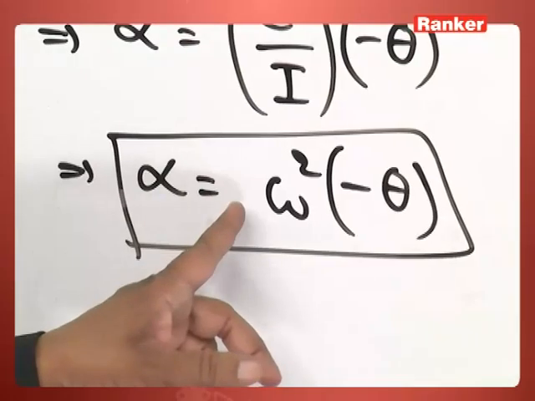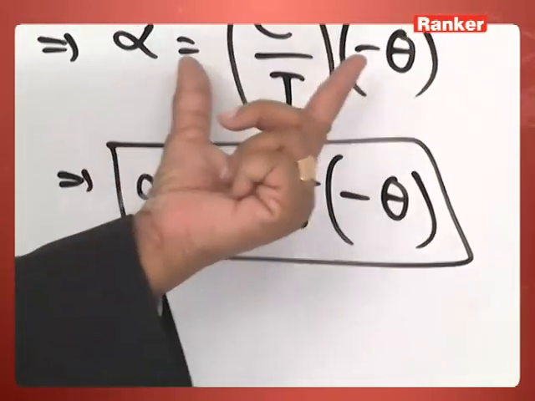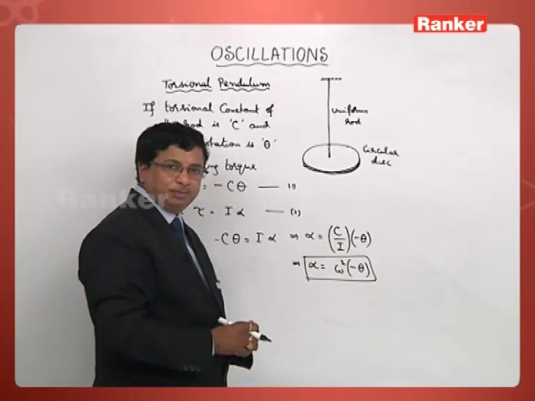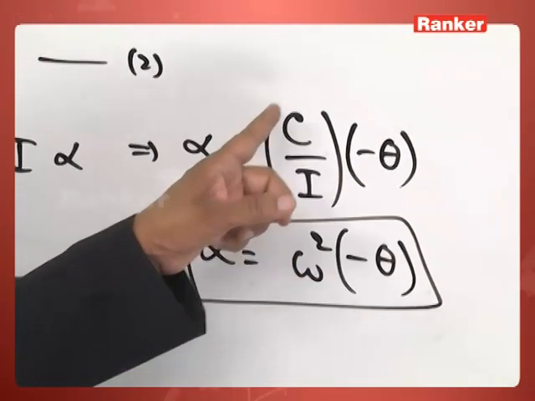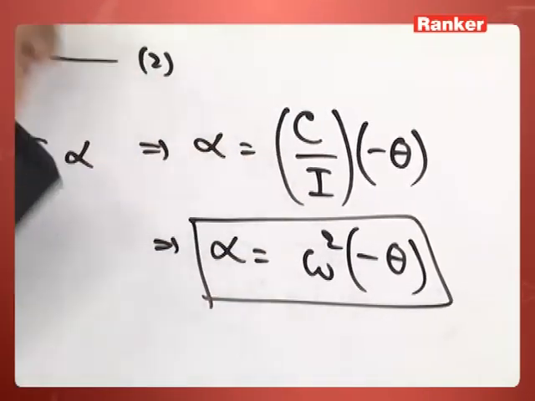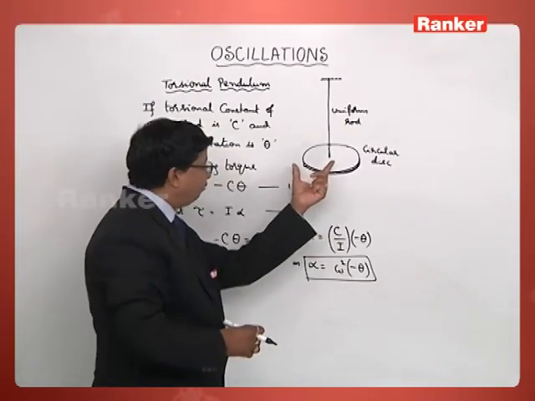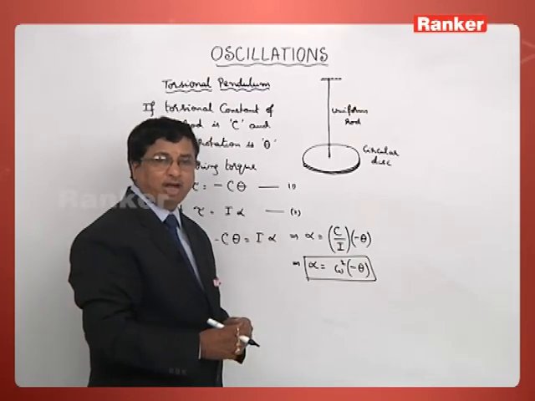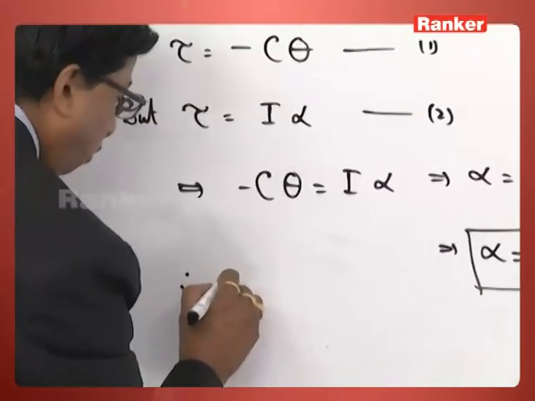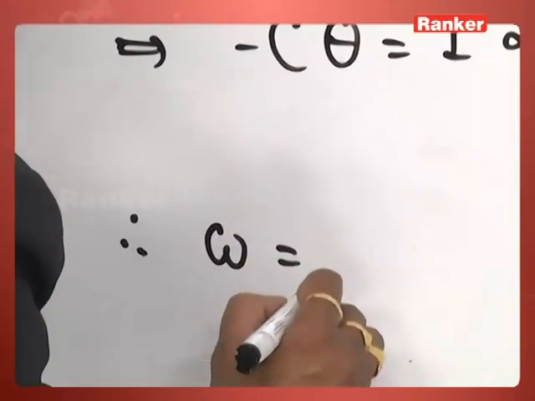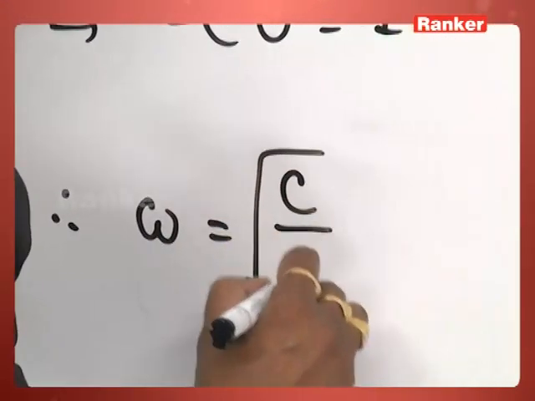In place of omega square, what do you have here? It is C by I. C is the torsional constant and I is the moment of inertia of the disc. Therefore omega becomes under root C by I.